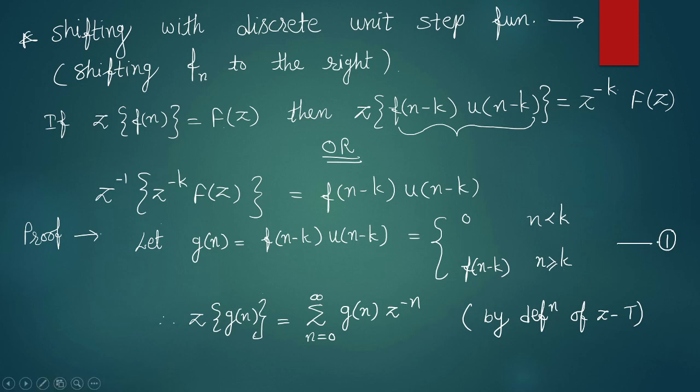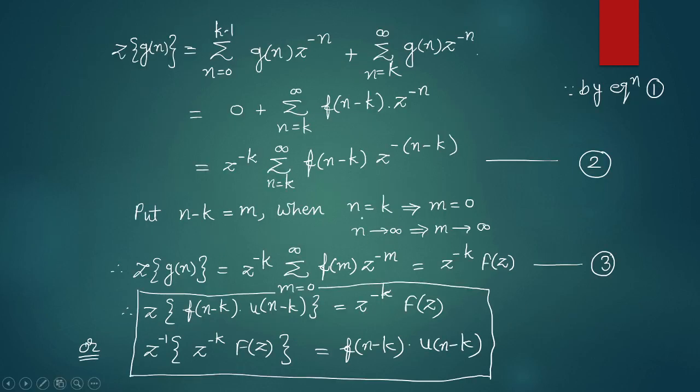We use equation 1. By the definition of z transform, the z transform of g of n equals this value. In the next step, we divide the summation n equal to 0 to infinity into two parts, 0 to k minus 1 and k to infinity. For the first part, g of n equals 0. For the second part, its value equals f of n minus k by using 1.